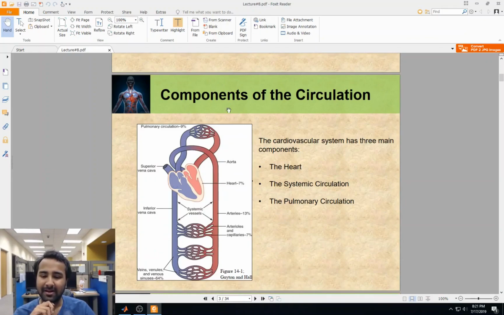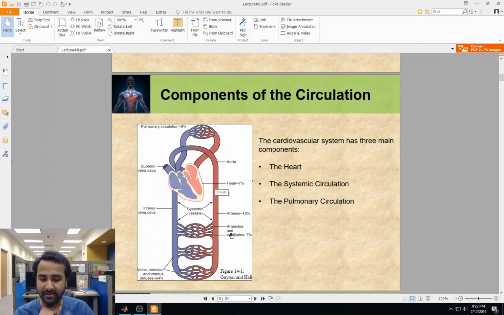The components of circulation are generally just three. You have the heart, which does the main pumping of the blood. You have the systemic circulation, which is where you have blood going to all different parts of your body. And then you have the pulmonary circulation, which refers to the part where blood goes to your lungs to get reoxygenated. In this little figure, you have these percentages, which represent where blood spends most of the time in your body.